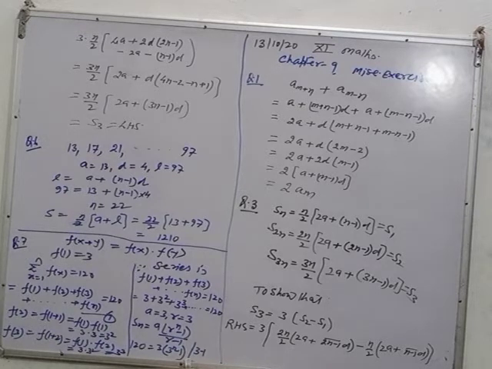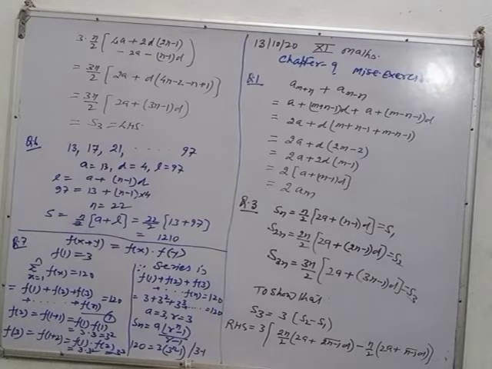You know the nth term is a plus n minus 1 into d. In this formula you have to put m plus n, then m minus n. So there are two terms to sum, the m plus nth term and the m minus nth term.